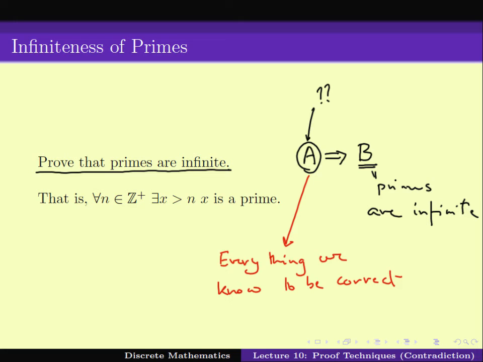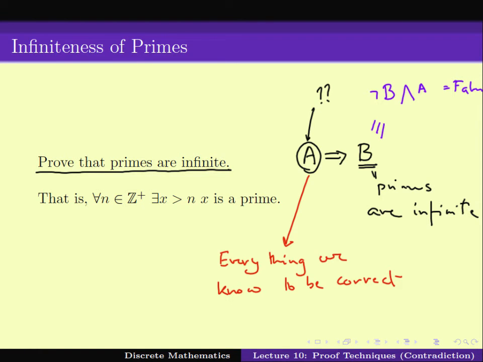So if I have to prove this statement using contradiction, how will we go about it? One way of going about it is, of course, recall that we have to prove that this whole thing is equivalent to not B and A being false. Right?